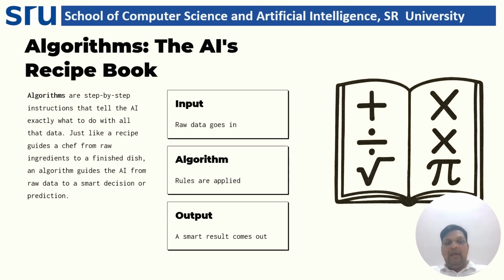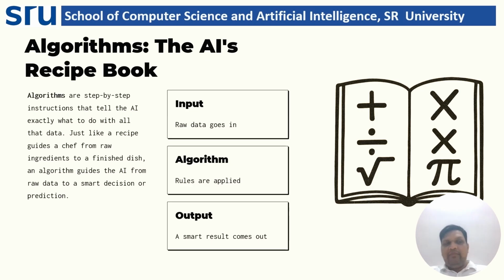Algorithm, the AI recipe box. Algorithm means step by step instructions that tell the AI exactly what to do with all that data.